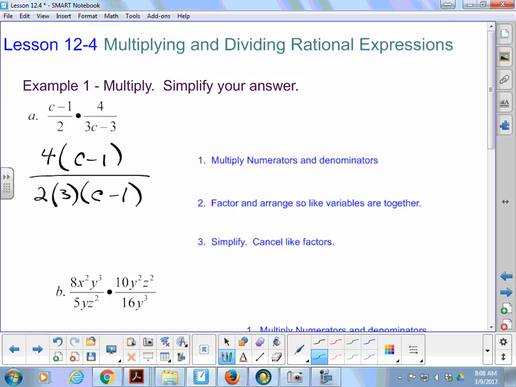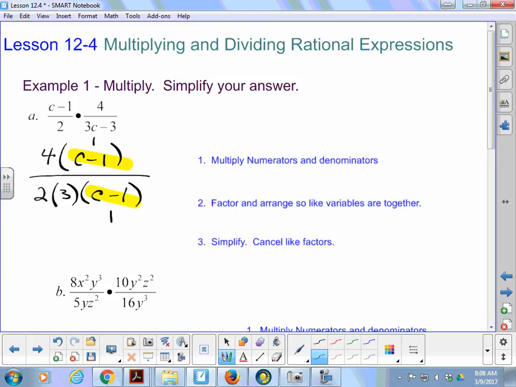So now I'm looking for common factors in the numerator and the denominator so that I can cancel. Since I have c minus 1 and c minus 1, I can cancel those out. And a reminder that when I cancel them, that still means that they go into each other once, so there's still a 1 there.